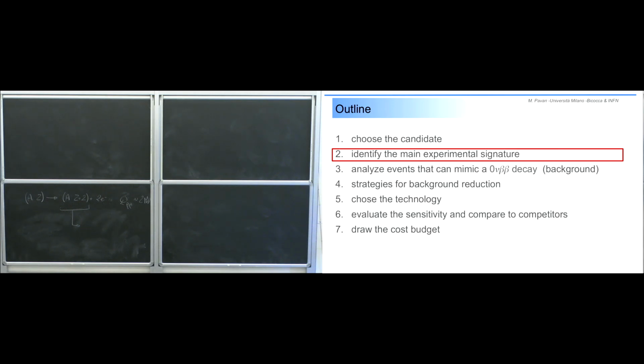What's the energy of the daughter nucleus in this decay, more or less? So do you know cases in which we are able to measure a nuclear recoil?